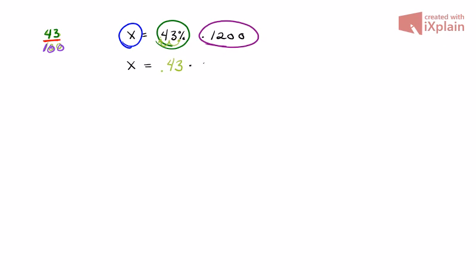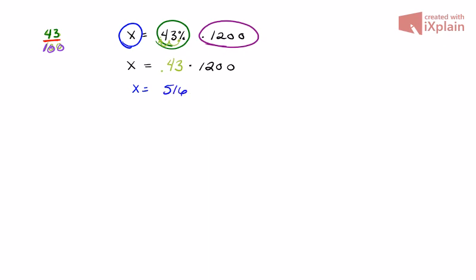And we're multiplying this by 1,200. If you use your calculator, or if you try mental math, breaking that 43% down into 4 10%s and 3 1%s, and do this multiplication, we should get x is equal to 516.